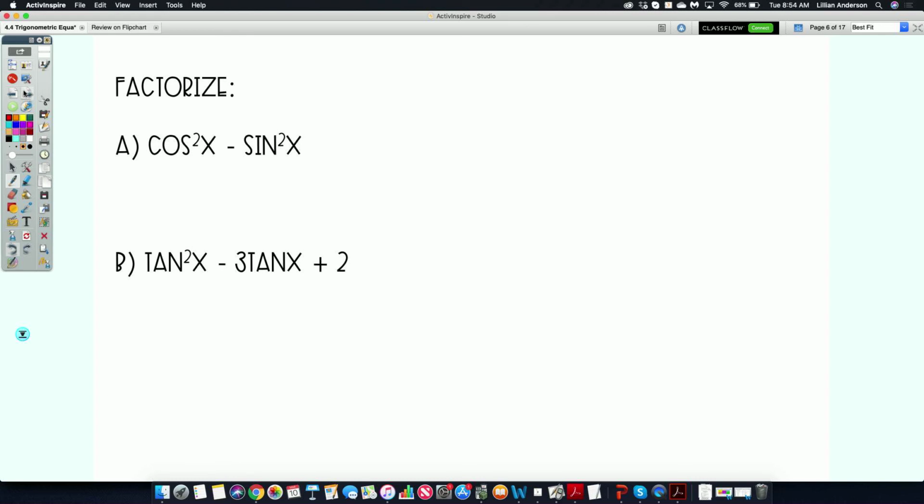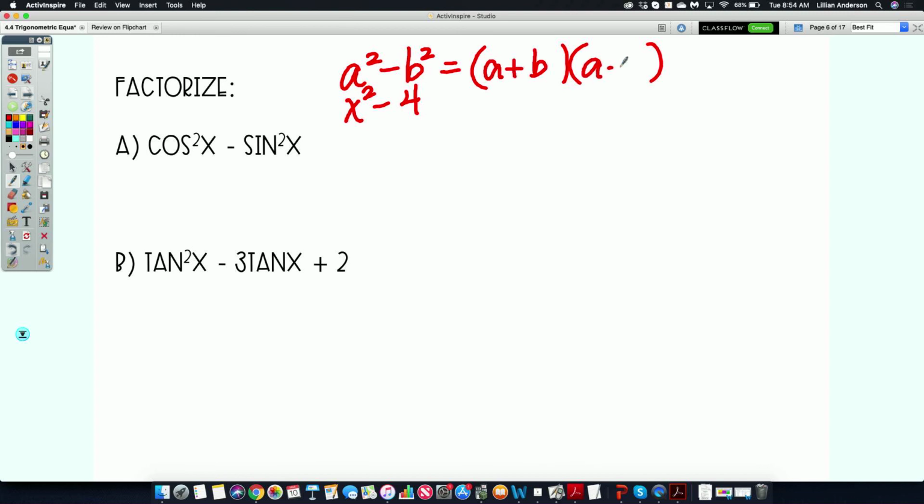The difference of squares. When you had a squared minus b squared, that could be factored to what? What about this? x squared minus 4. How do you factor that? x plus 2, x minus 2. So that's just a plus b, a minus b. This is set up in the same format. So if that's the case, then this factors down to be what?